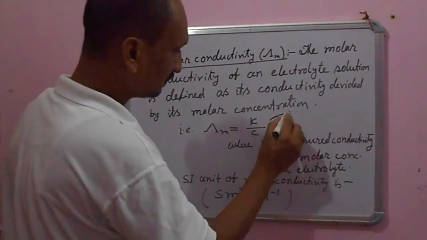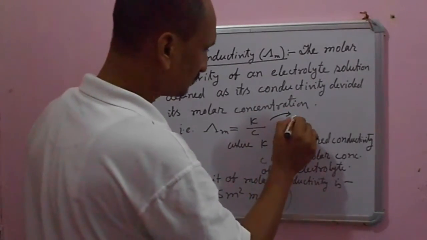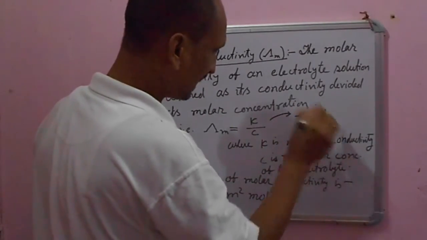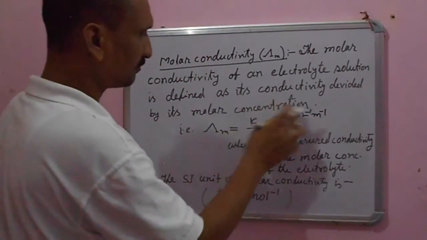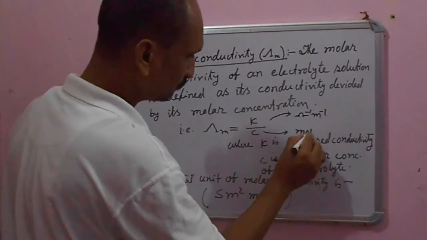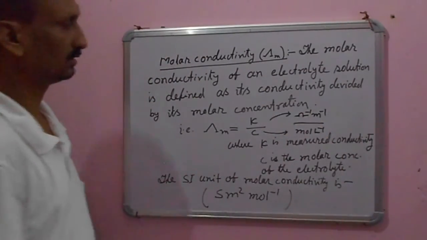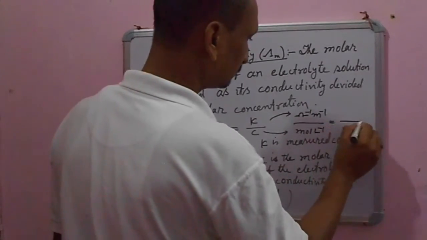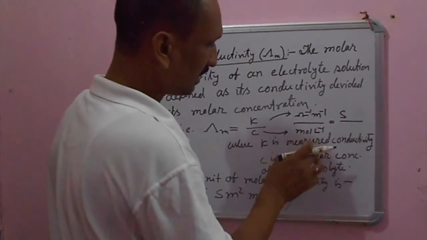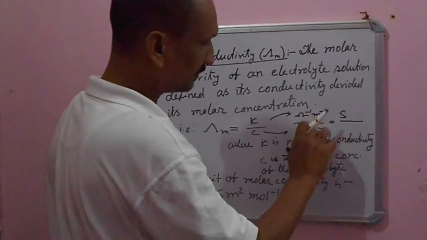Kappa is 1 by rho, meaning ohm inverse meter inverse, that is the unit of kappa, and C is mole per liter. Now ohm inverse is Siemens, and liter we can convert to meter cube.